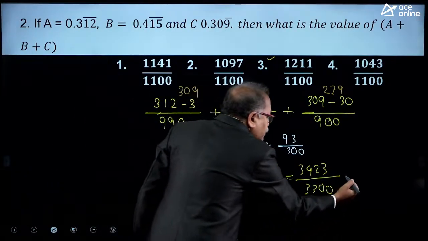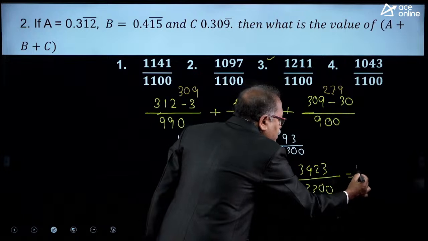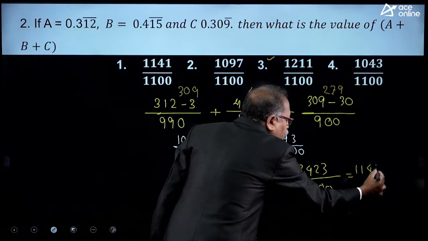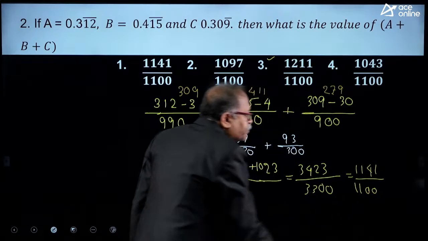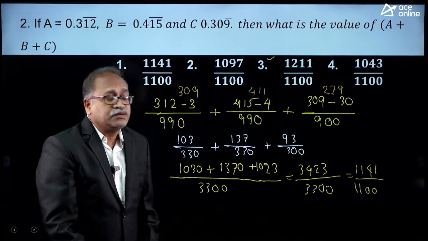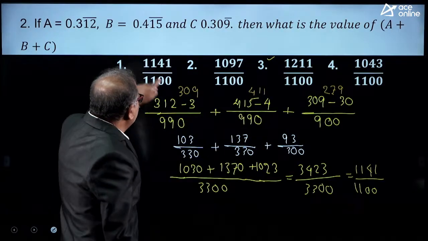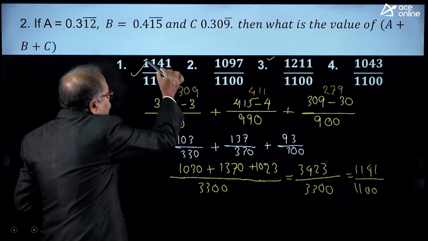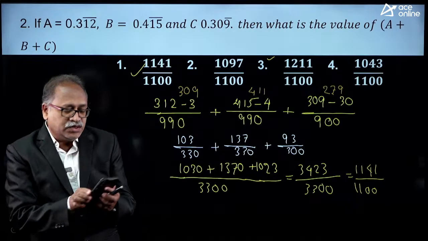So come on, Mr. Naveen, if you can answer the question. When I am cancelling this one, I get this as 1141 by 1100. That should be my answer. And where is that option? That is 1141 by 1100. I can see that.